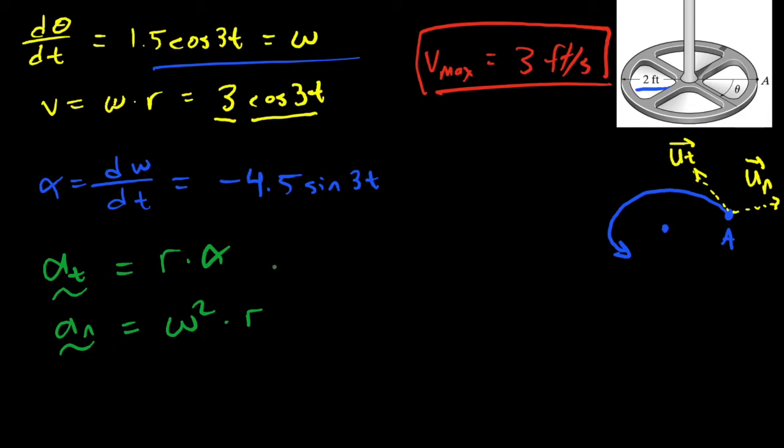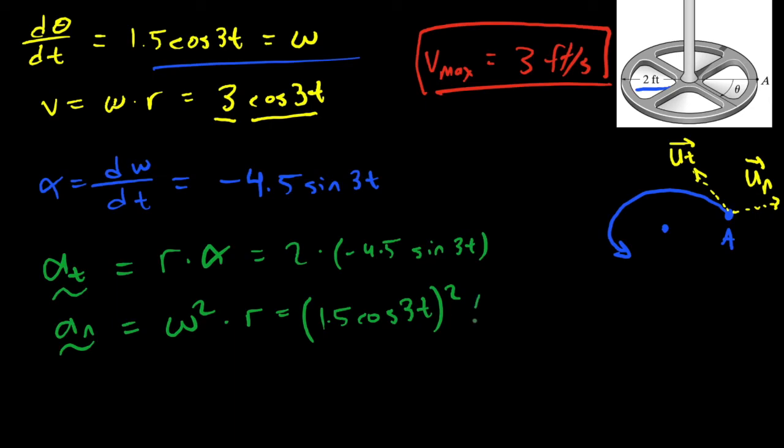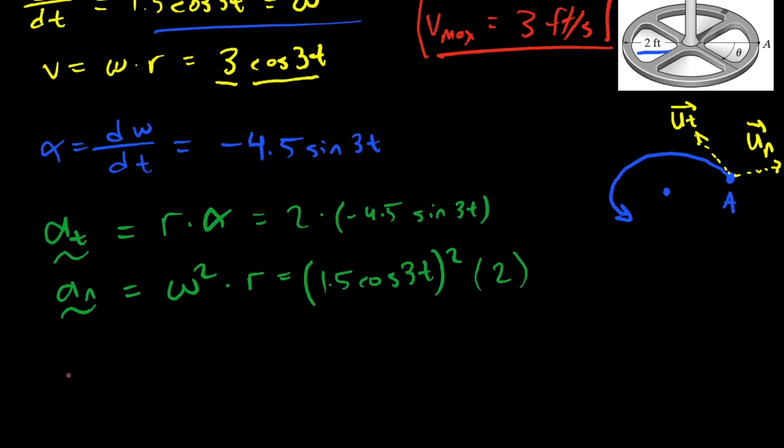Well, let's do it then. Plugging in the values, we have r as 2 times negative 4.5 sine 3t. And for omega squared, we have our omega up here, so that will be 1.5 cosine 3t squared times our radius, which is 2. Now to top it off, we express the acceleration in terms of functions in line with these coordinates.